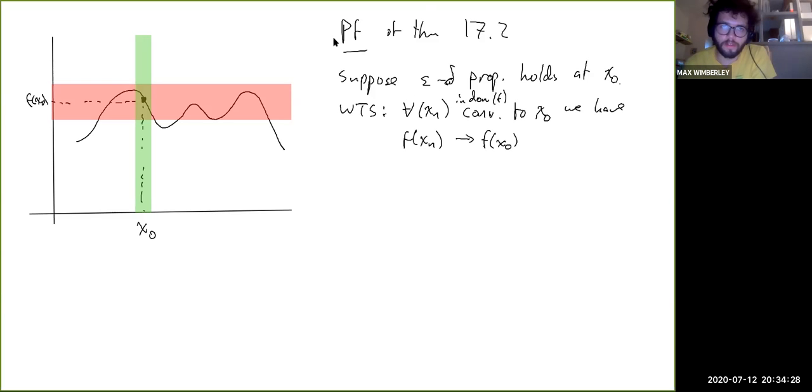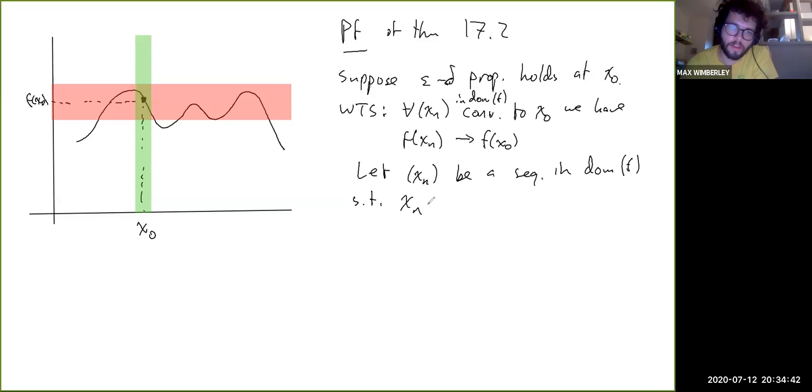In other words, let xn be a sequence in the domain of f such that xn approaches x naught. Now we want to show that f of xn approaches f of x naught, right?